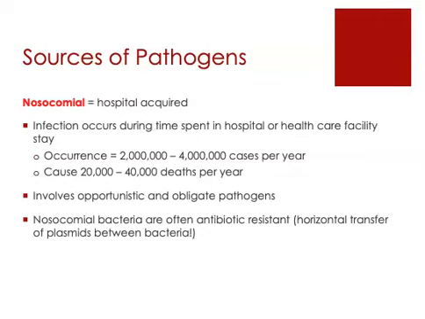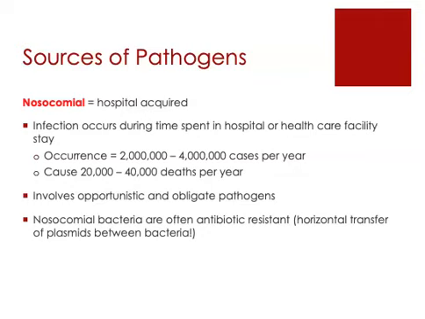As we've discussed in laboratory, it's very difficult to fully disinfect the hospital setting. And hospitals have to put a lot of time and effort and money into programs to control the spread of infectious disease within their walls. Both obligate pathogens and opportunistic pathogens tend to cause nosocomial infections.